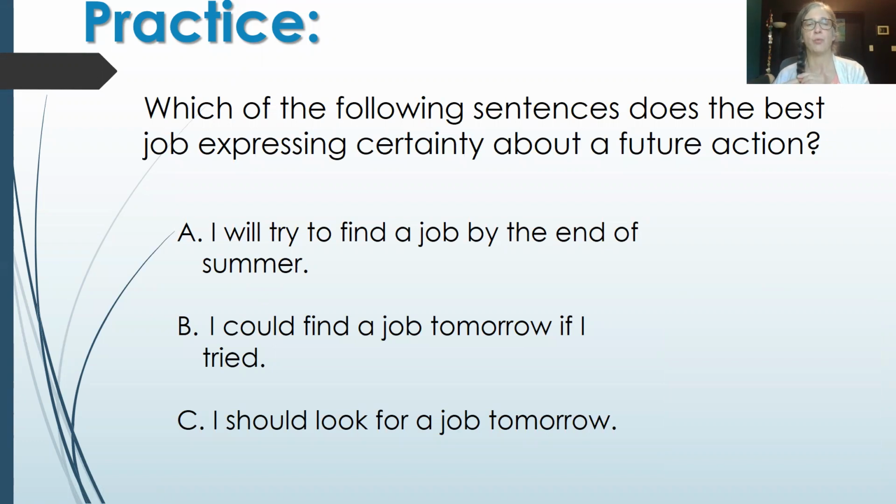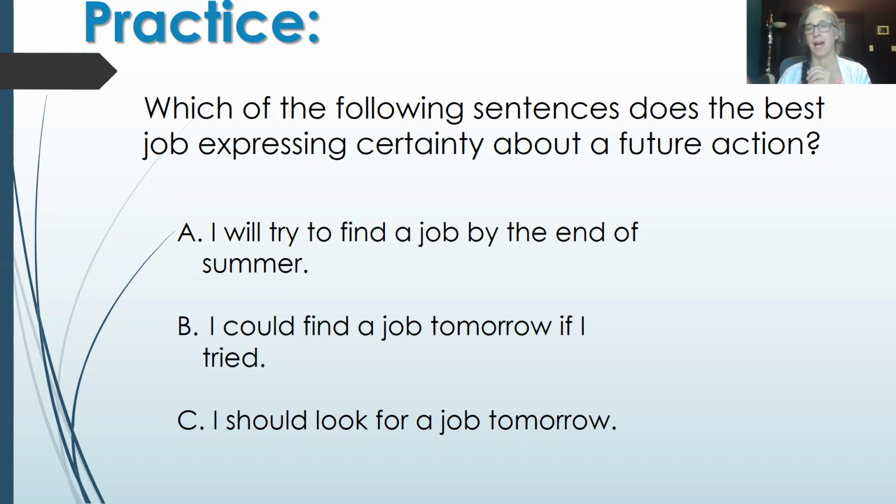Let's look at B. What is the verb there? Well, it's possibility because it has could find. Yep. Could find. Possibility. Absolutely.